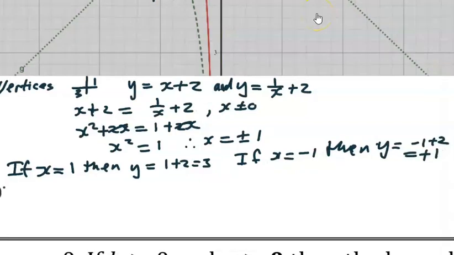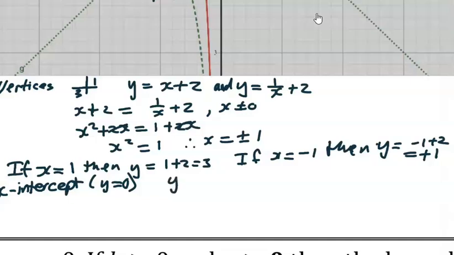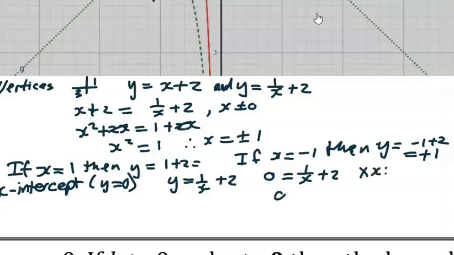Then we can also look at the x-intercept. This is where y is equal to 0. So now I have to use y equal to 1 over x plus 2, and so I have to solve 0 equal to 1 over x plus 2. That means I can multiply by x again. Then I get 0 is equal to 1 plus 2x.